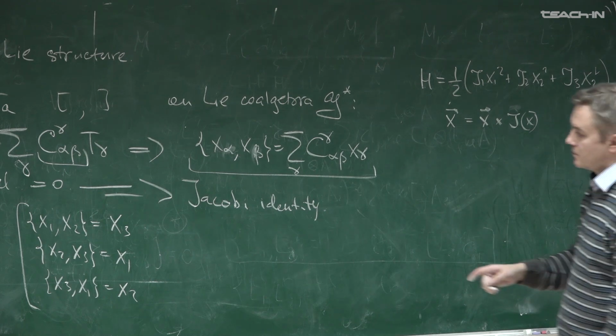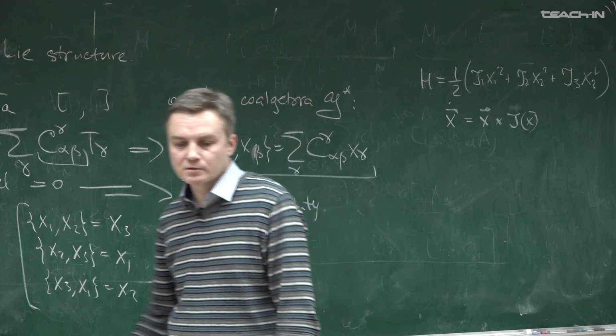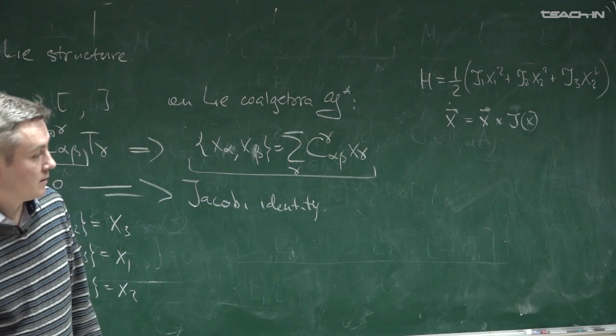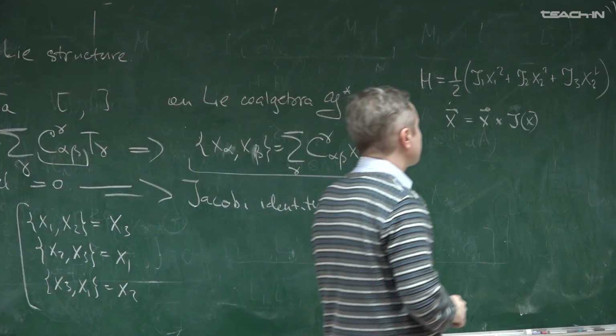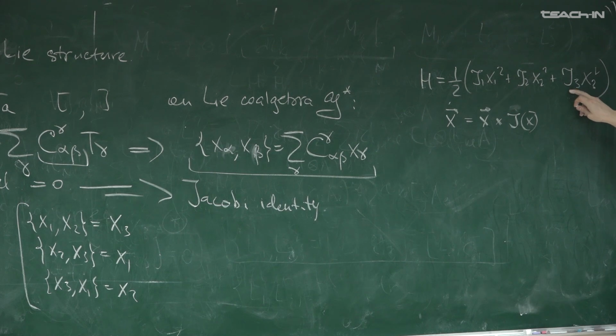And these are just 3 components of momenta of this solid body. And these are components of the inertia tensor in principal axes. Or maybe it's better to say these are inverse components of the diagonalized inertia tensor in principal axes.